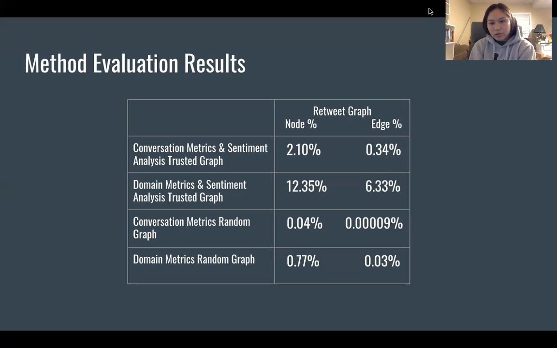I also compared the conversation metrics and sentiment analysis algorithm to the conversation metrics algorithm without adding any sentiment analysis. These methods performed the same, so they outputted the same trusted graph. Applying sentiment analysis didn't change the output.